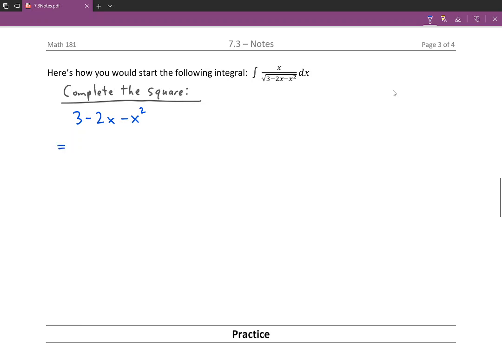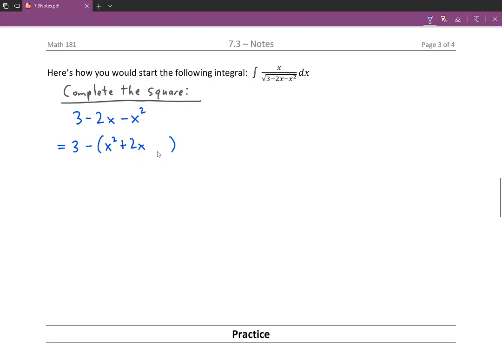And to complete the square, what we want to do is factor out the coefficient that's in front of the x squared from both of the variable terms. So we're going to factor out that -1 from both of the variable terms. And here I'm going to be switching around the order of the x squared and the x terms. So we have 3 minus open paren x squared plus 2x, and I left a little space to complete the square inside the parentheses.